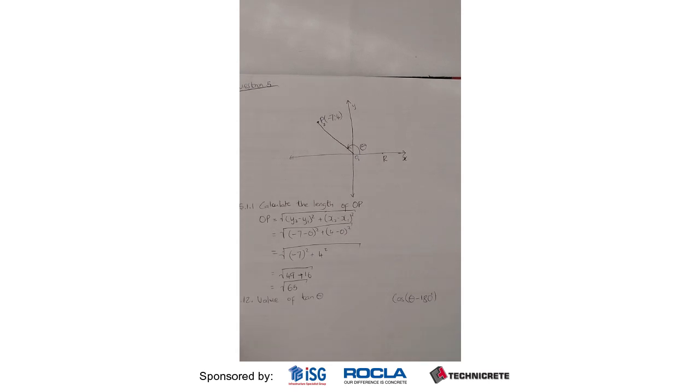Okay, so tan theta is y over x from our definition. What is our y? Our y is 4. Our x is minus 7. So it becomes as simple as that.